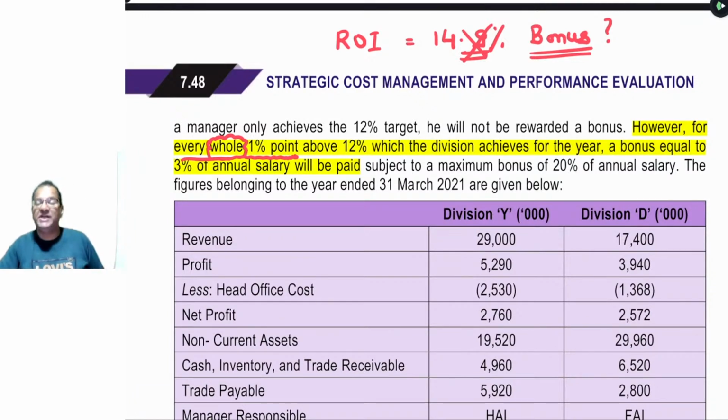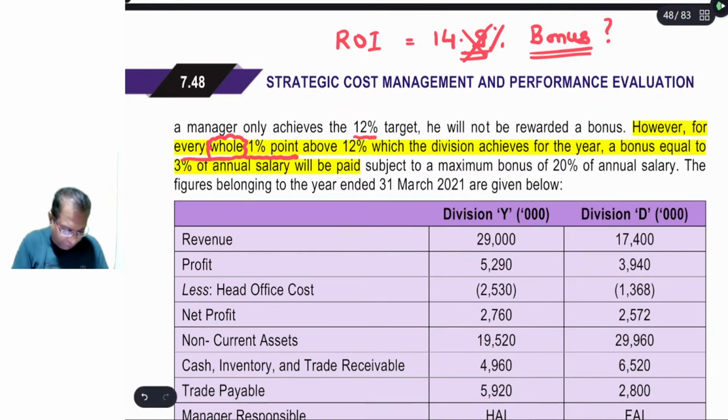Even if it is 14.98, we have to ignore 0.98 and the ROI will be assumed as 14% for the purpose of calculation. If the ROI is 15.02, it will be considered as 15%. We will ignore whatever numbers are there after the decimal.